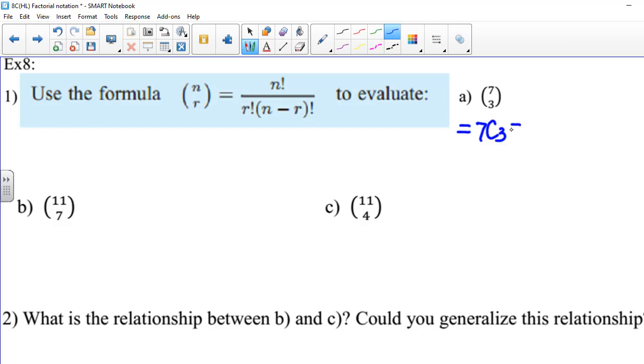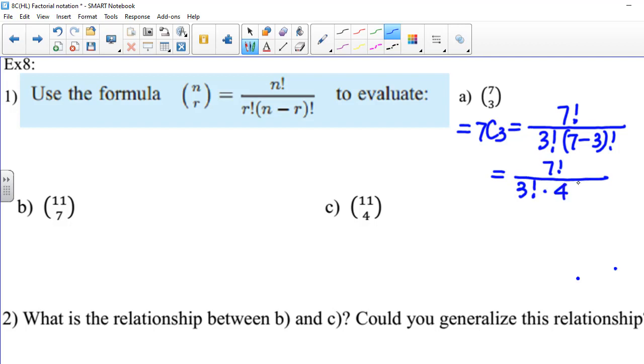Based on the formula, 7C3 means 7 factorial divided by r factorial, r is 3, 3 factorial, times n minus r, 7 minus 3, factorial. This will be 7 factorial divided by 3 factorial times 4 factorial.